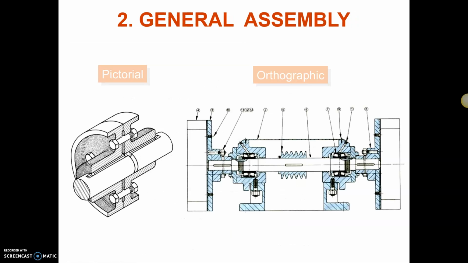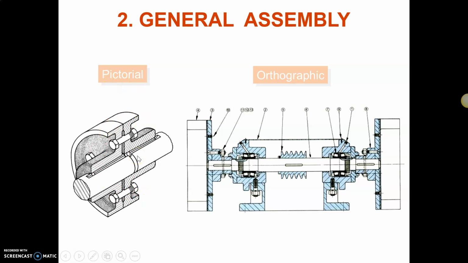And beside the exploded assembly drawing, we also have the general assembly drawing, where all the parts are already fitted together to provide the image of the complete unit or complete machine, like this one. This is the 2D orthographic picture, and this is the 3D pictorial drawing.